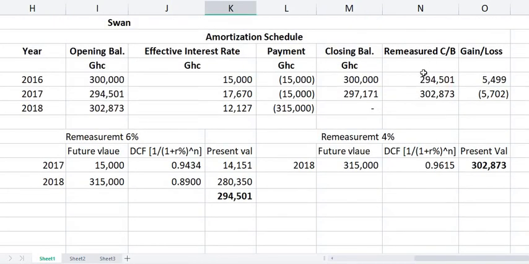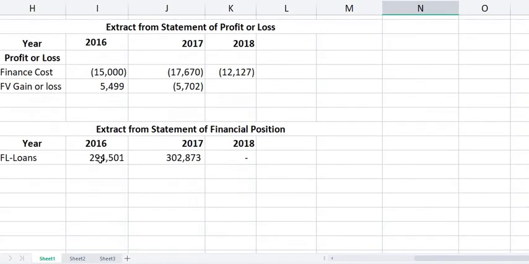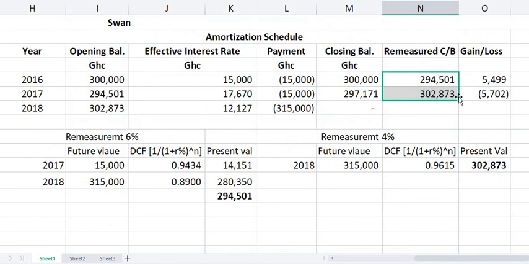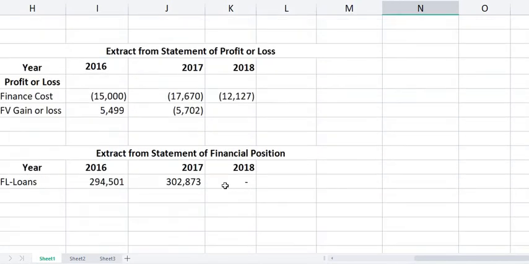We realize that the closing balance that will be reported in the statement of financial position will be the remeasured closing balance and not the actual closing balance. So the remeasured one is 29,450 for 2016, and 302,873 for 2017. In 2018 the item has been redeemed.